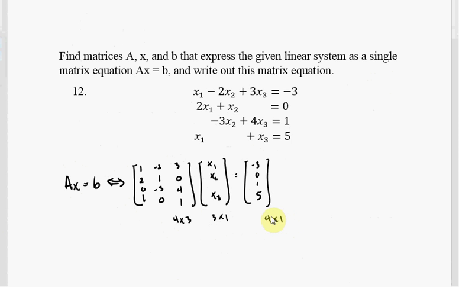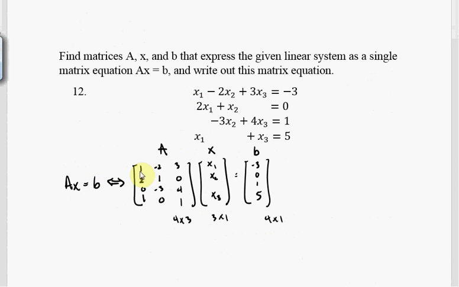You see that? So you can clearly see this is the matrix A, the matrix X, then the matrix B. It's the linear combination of the entries from the coefficient matrix, right?